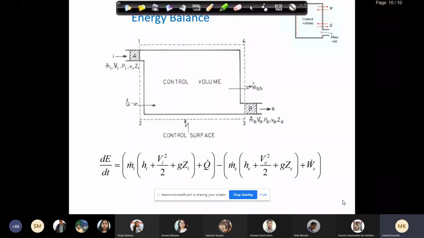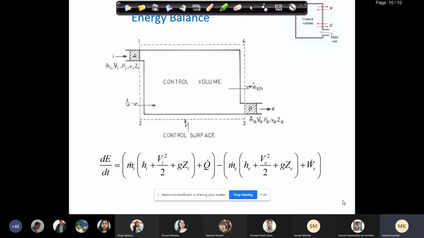Now, what is our control mass? As I said, if you want to do an energy balance, what is our purpose first of all? Our purpose is to get the master equation, the governing energy equation, for such flow systems.